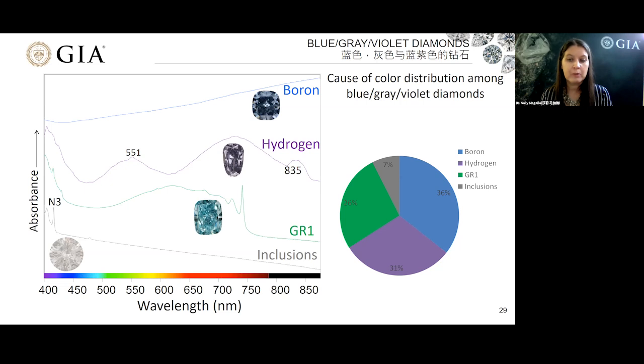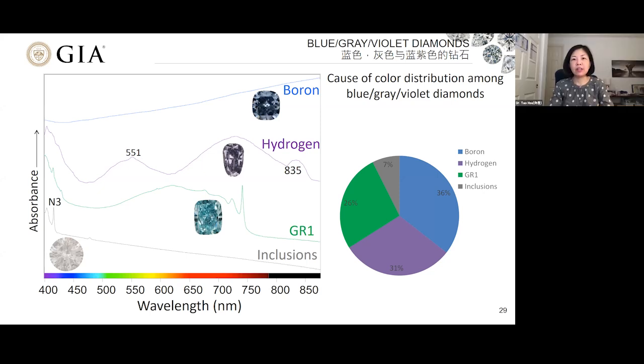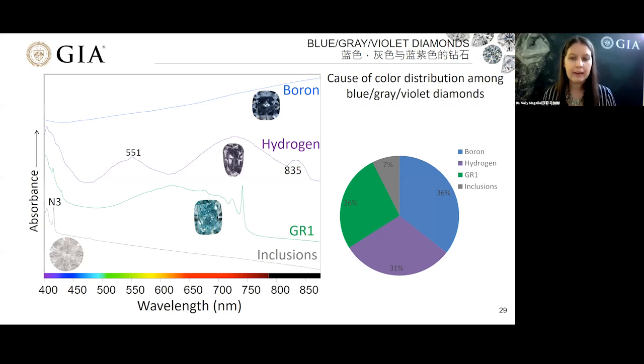The diamonds will have absorption in the red, but no accompanying absorption in the blue, allowing the diamond to have a greenish blue or blue color. 这个GR1又出现了，刚才在绿色里边就有，在蓝色里边是氮含量比较低的情况下，它不会太去吸收蓝区的光，钻石就显蓝色。And lastly, we have gray diamonds colored by inclusions.